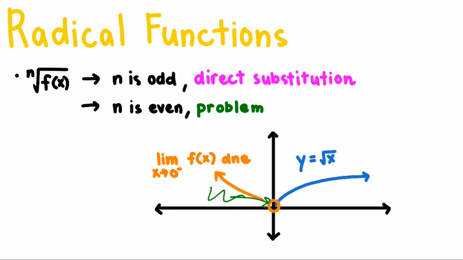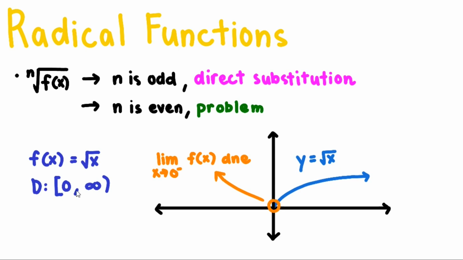And why is that? Well, take note that the domain of the function is given by 0 up to infinity. This is the case since we know that with radicals that have an even index, this expression out here must be non-negative.